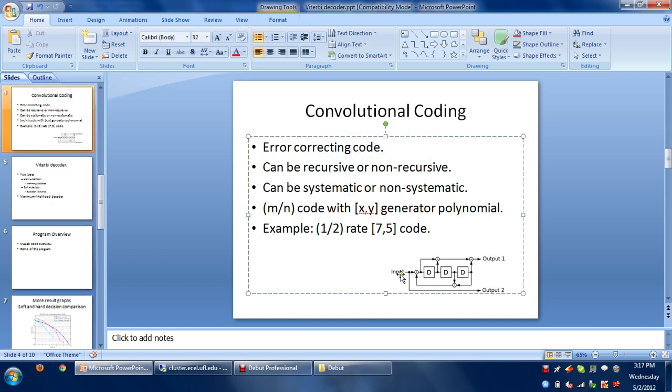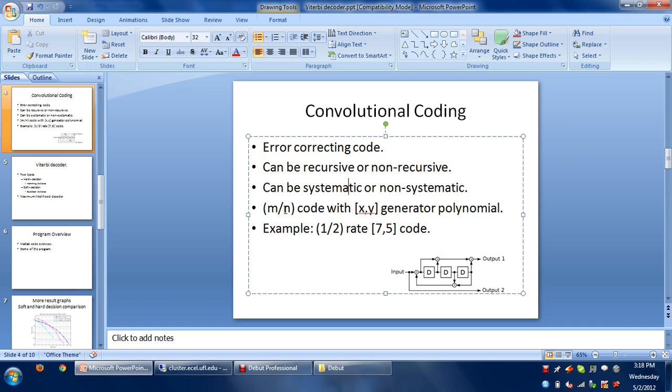A recursive code is one in which the output is given back to the input, and then the next subsequent outputs are generated. In a non-recursive one, the output is directly generated from one input. It can also be systematic or non-systematic, meaning that the input is directly given to the output in at least one of the outputs. In this project, I have implemented a non-recursive non-systematic code.